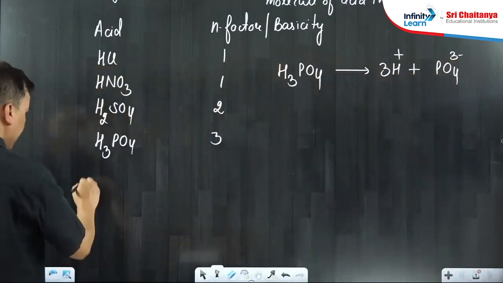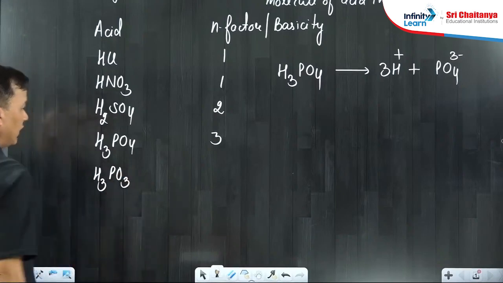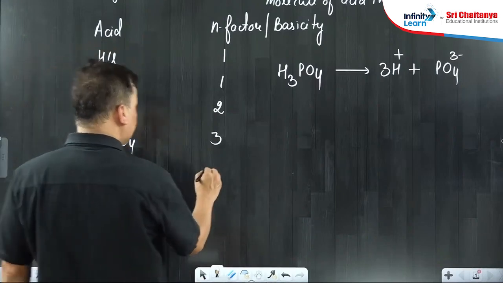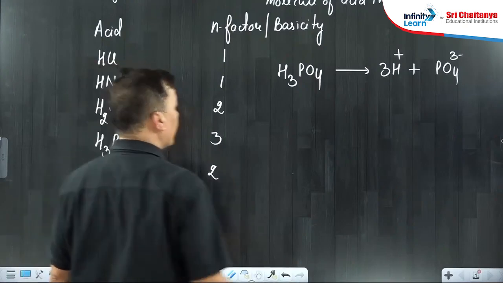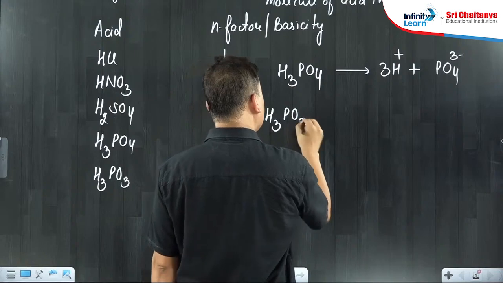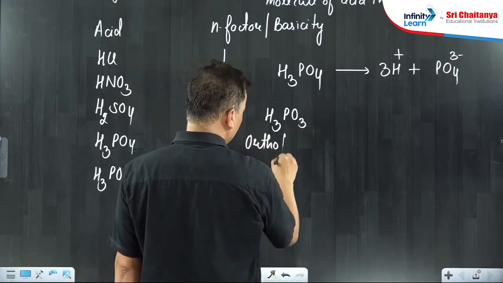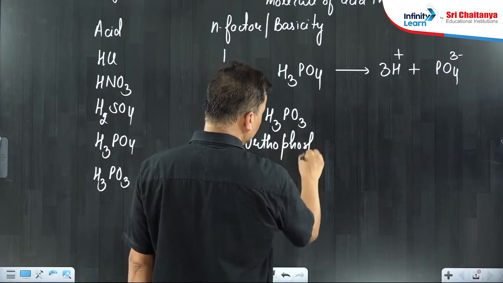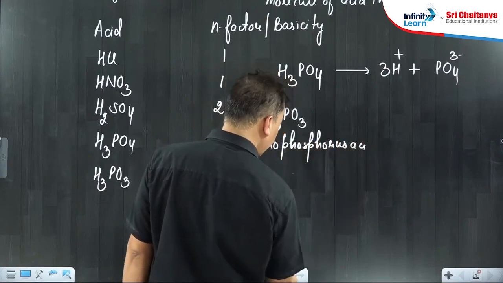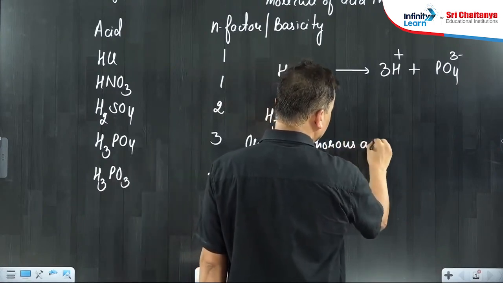Next one is H3PO3. This is phosphonic acid or orthophosphorous acid. Its N factor is what? Its N factor is 2. Here I am writing the name of this one: phosphorous acid.